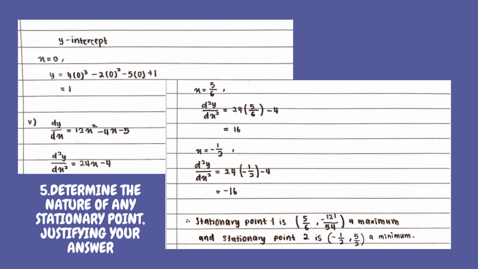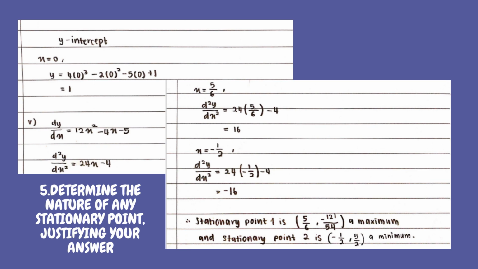When x is equals to 5 over 6, d squared y over dx squared equals to 24 times 5 over 6 minus 4. It is equals to 16. When x is equals to -1 over 2, d squared y over dx squared equals to 24 times -1 over 2 minus 4, and it equals to -16.